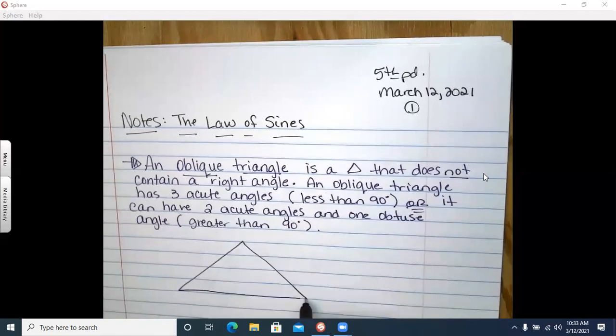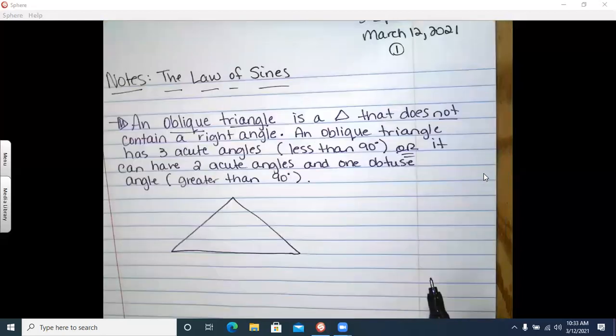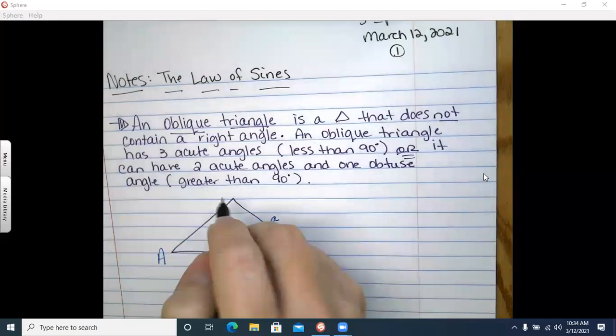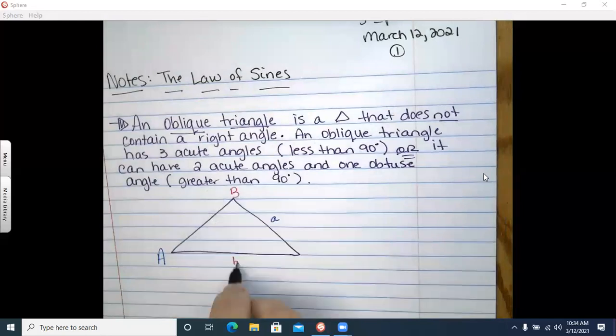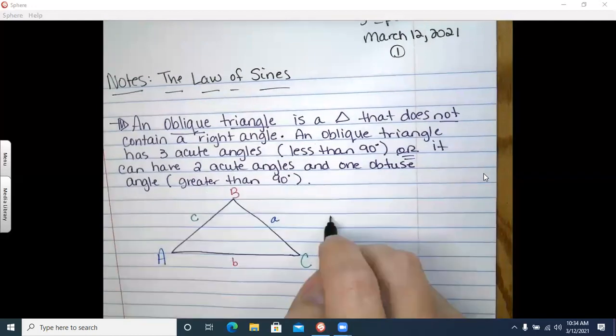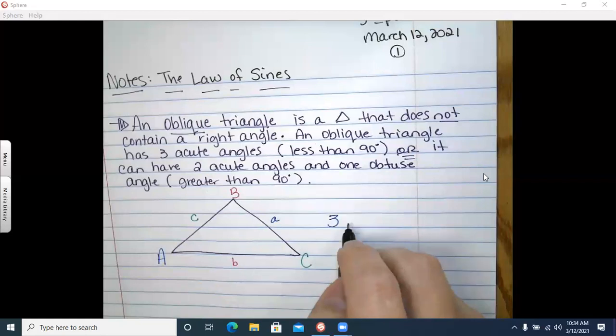All of those angles are less than 90 degrees. So this would be an acute triangle with three acute angles.